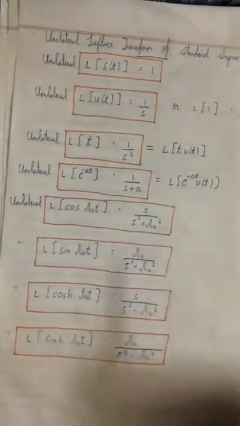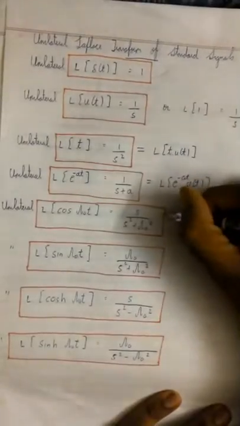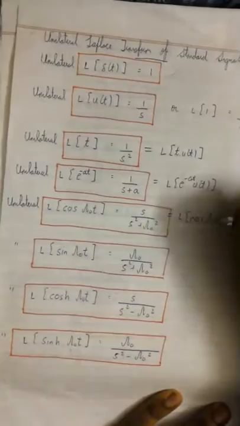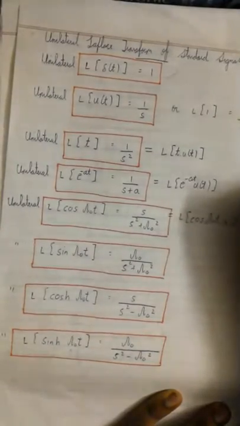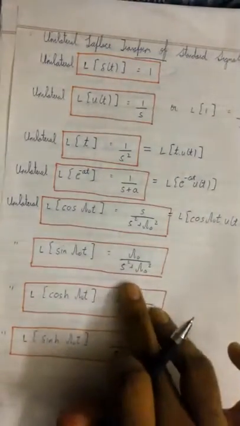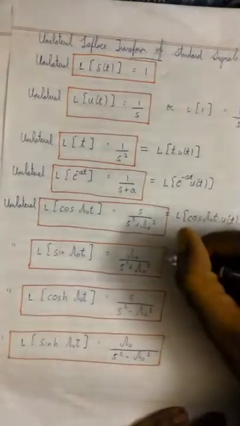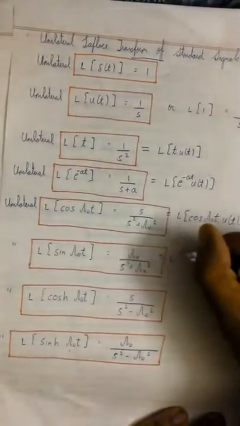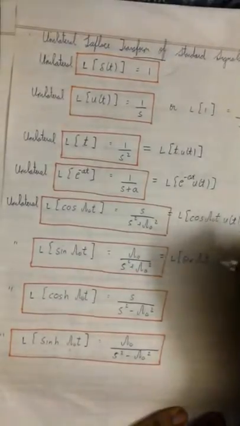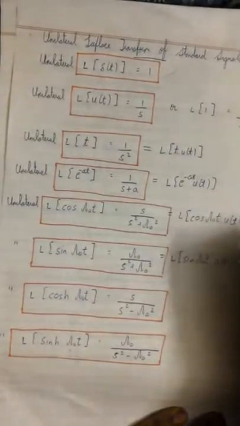Here the Laplace transform of cos omega 0 t is equal to s by s square plus omega 0 square, or in other words, this is also the Laplace transform of cos omega 0 t into u of t. The Laplace transform of sin omega 0 t is equal to omega 0 by s square plus omega 0 square, or in other words, this is also the normal Laplace transform of sin omega 0 t into u of t.